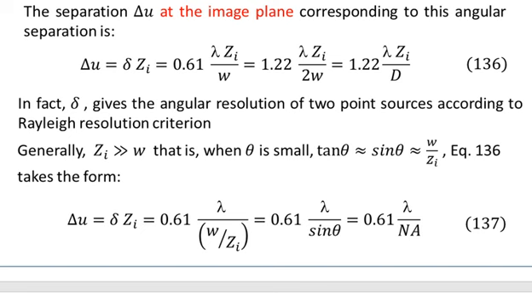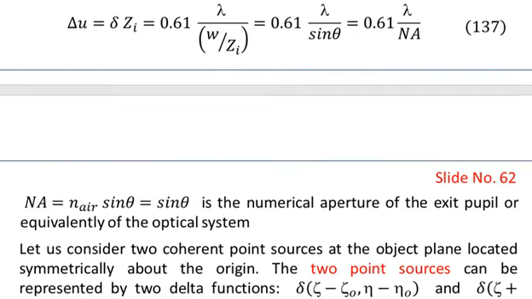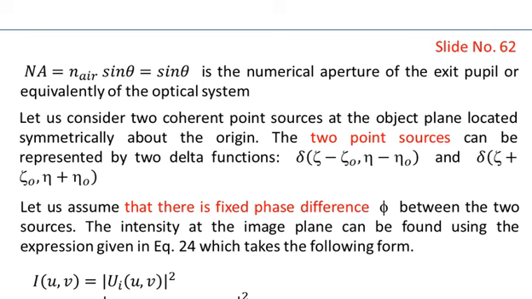But here the refractive index is equal to 1 because we are dealing in air. So we have numerical aperture directly equal to sine of theta as given in equation number 137. So NA is equal to n air multiplied by sin theta, and n air is equal to 1 in our case. So the numerical aperture is equal to sin theta, the numerical aperture of the exit pupil or equivalently of the optical system.